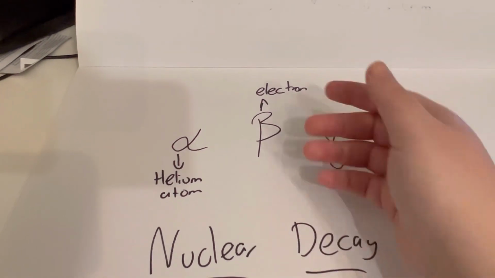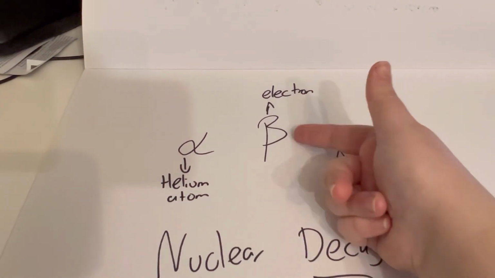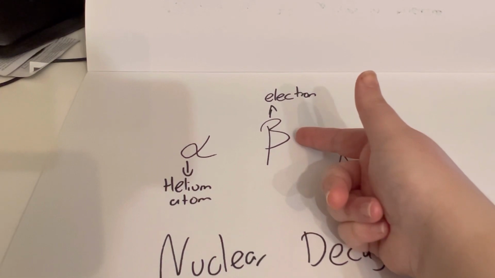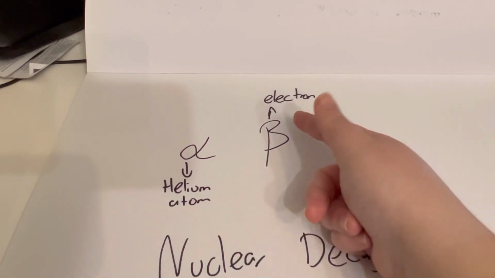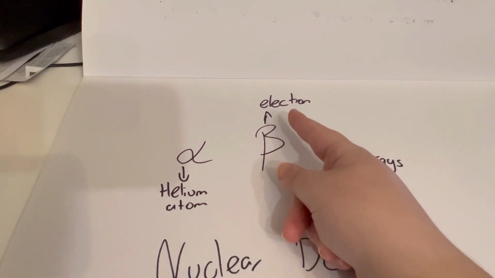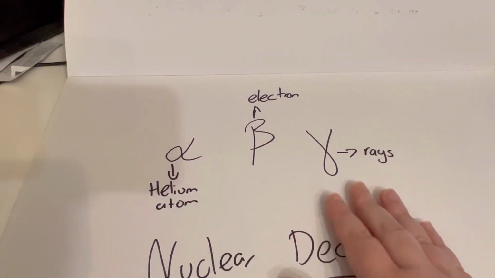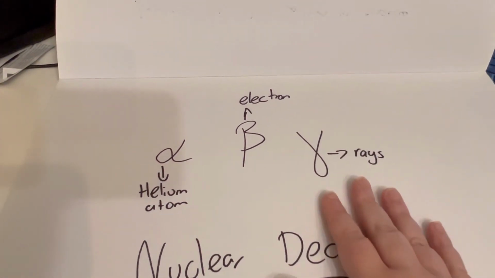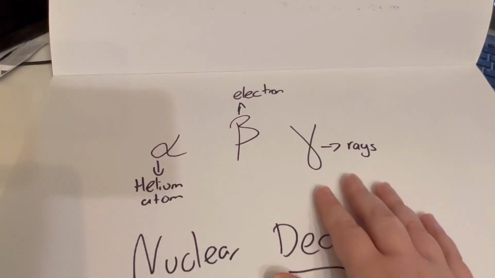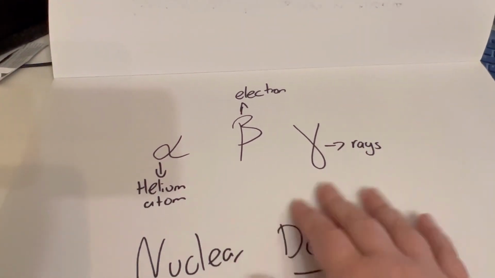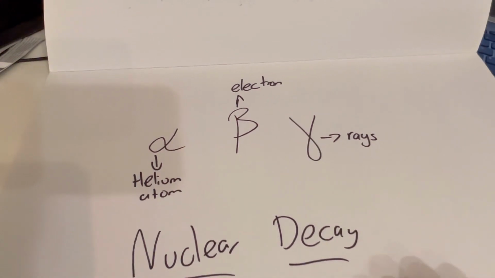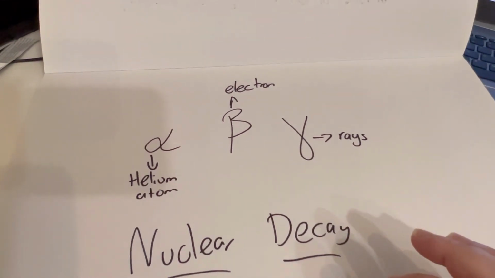Next, you have beta radiation that releases a beta particle, which is similar to an electron. So it releases a negative charge and it becomes unstable. And last, we have gamma radiation. These release very harmful rays. There is a lot more detail on this in your PowerPoint. Make sure you read it.